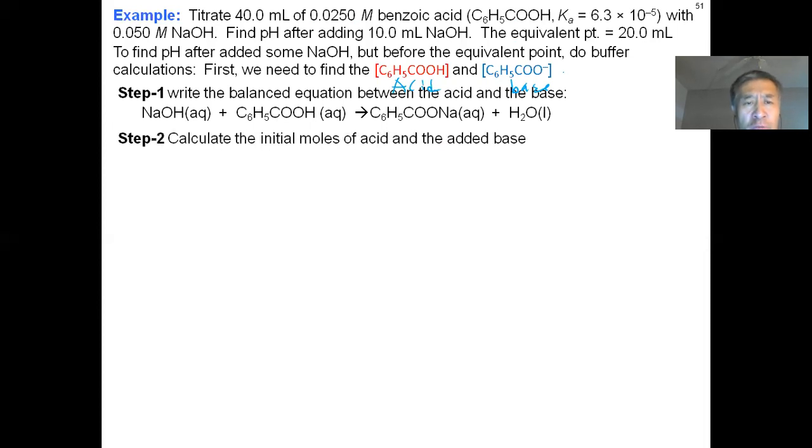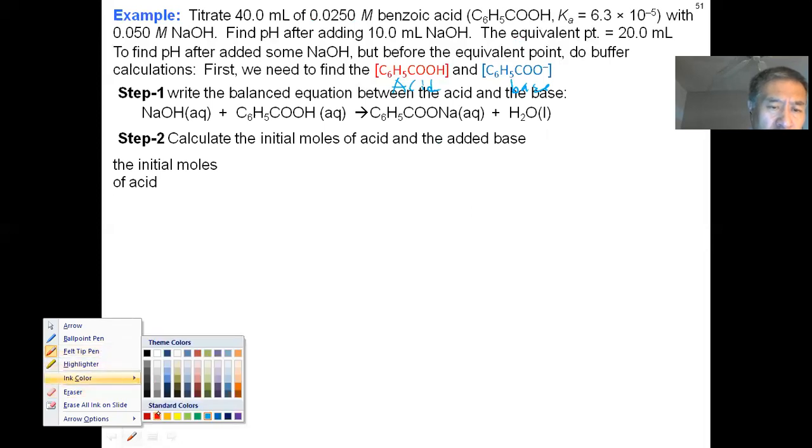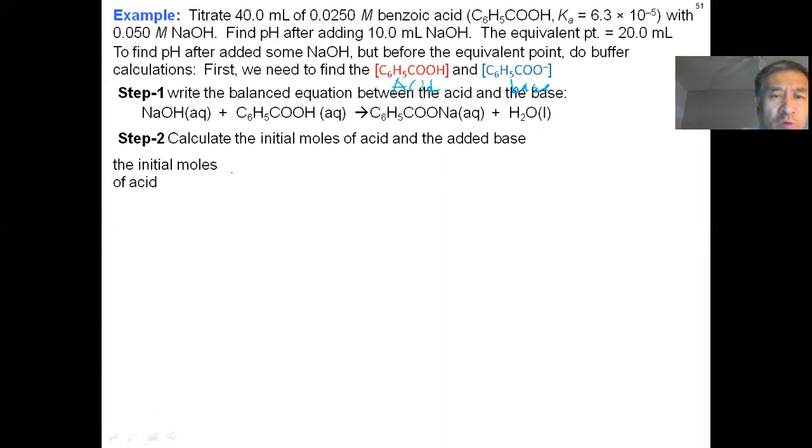Then we will calculate the initial moles of the acid and the added moles of the strong base. So the initial mole of the weak acid, as we calculated before, but we can do here again, is using the given volume, converting the volume from milliliters into liters, and then using the concentration to convert into moles.